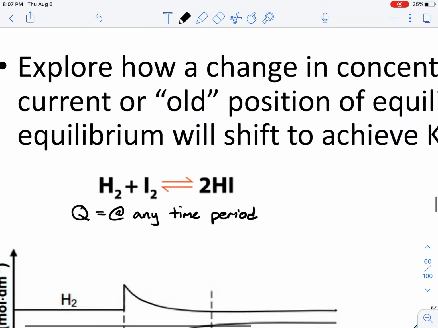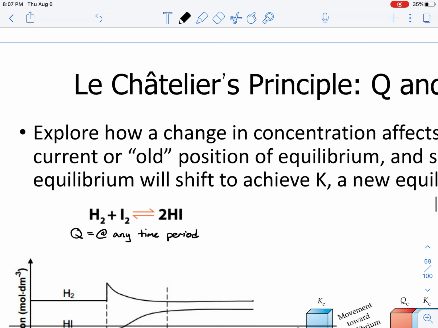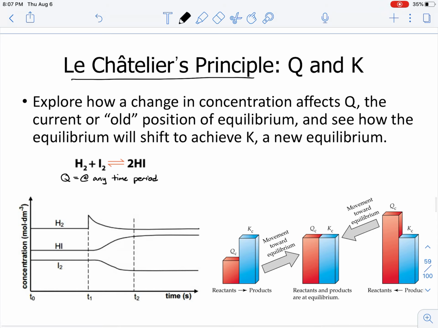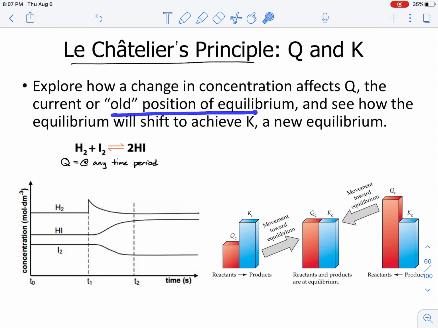Since we're talking about Le Chatelier's principle, we know that there are two equilibriums. There's the old equilibrium, which is the equilibrium before the stress was applied, and then there's going to be a new equilibrium, which is after the stress was applied.